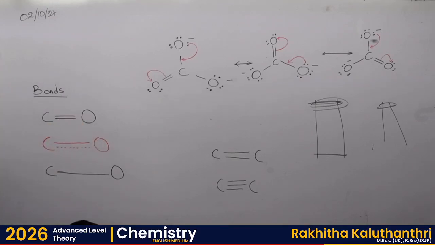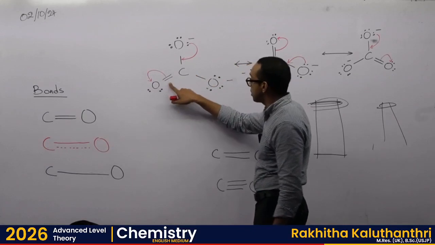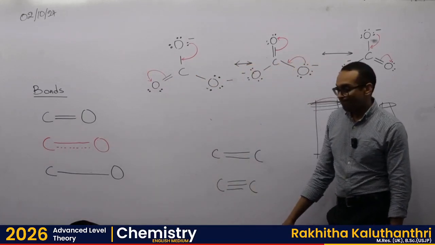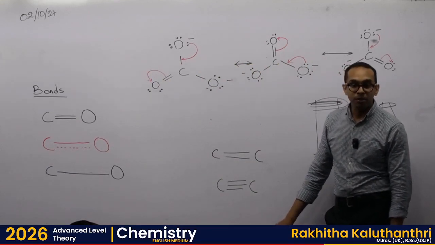You understand? And plus we don't have two different types of bonds. Here we have two different types, single bonds and double bonds. According to the data obtained from the machines, no, there are not two different types of bonds. There's only one type of bond.